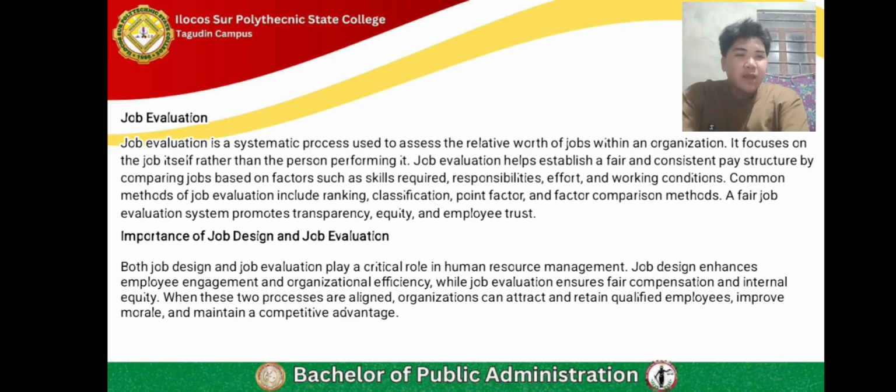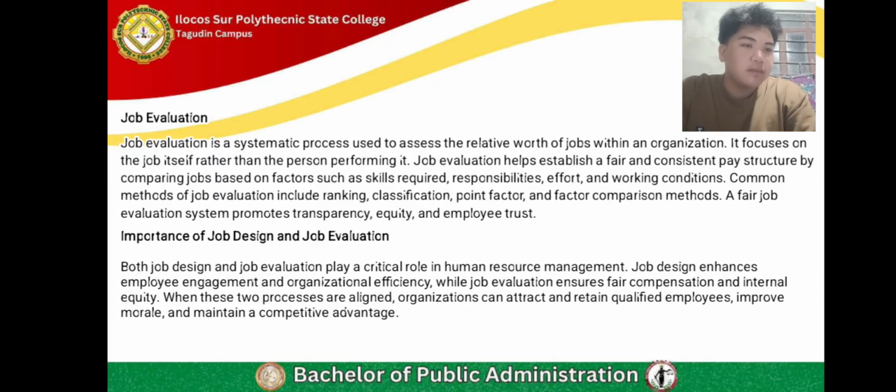performance. Job evaluation is a systematic process used to assess the relative worth of jobs within an organization. It focuses on the job itself rather than the person performing it. Job evaluation helps establish a fair and consistent pay structure by comparing jobs based on factors such as skill required, responsibility, effort, and working conditions.